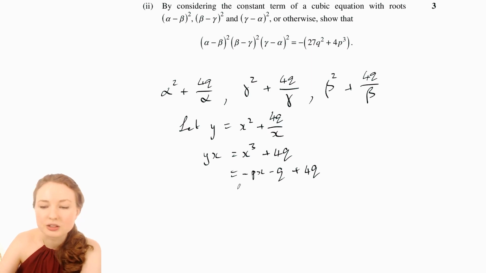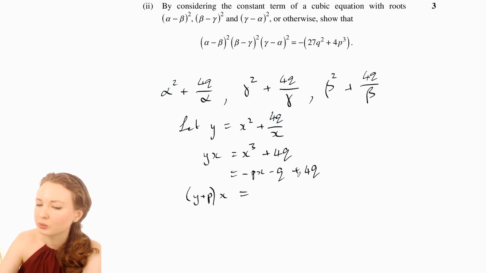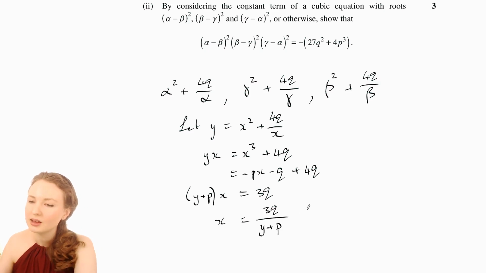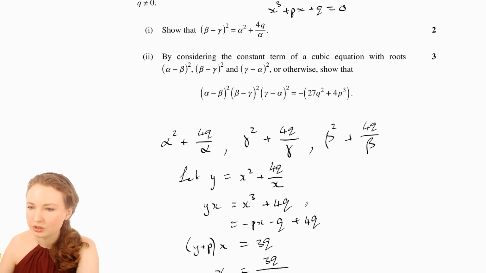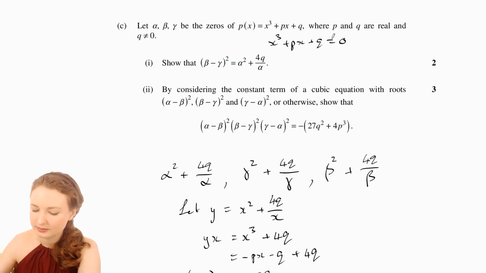Let's move all the x's over one side. So on the left we'll have yx plus px, so let's turn that into y plus p times x, and then on the right we've got these, which make 3q. So we can say x is 3q over y plus p. Now we can sub that into this.